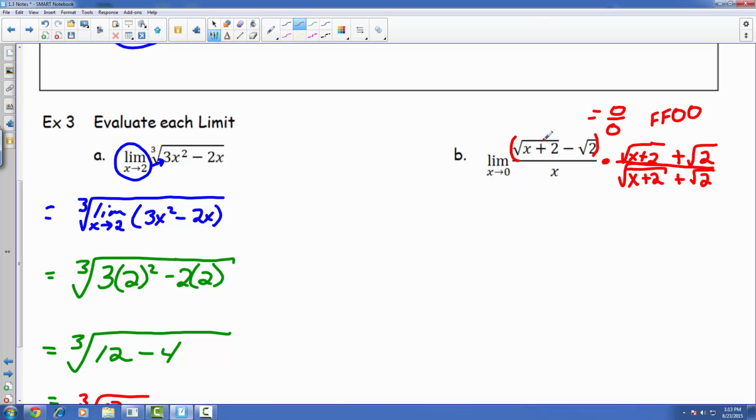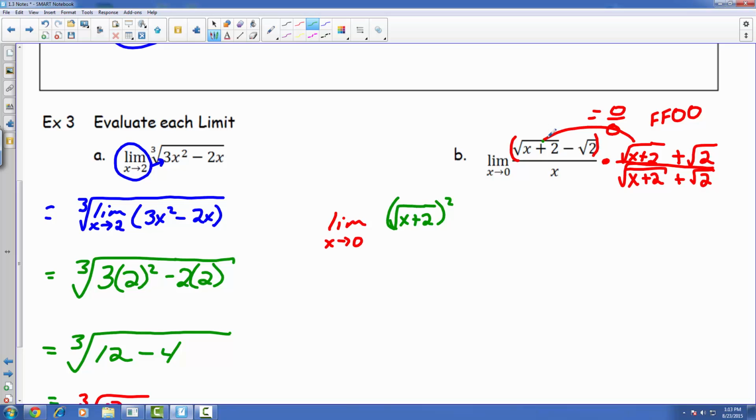if we go ahead and FOIL this top, we end up with the limit as x approaches 0 of, we'll go ahead and switch colors, the square root of x plus 2 times the square root of x plus 2 just comes out to be the square root of x plus 2 quantity squared, because essentially you're multiplying it by itself.